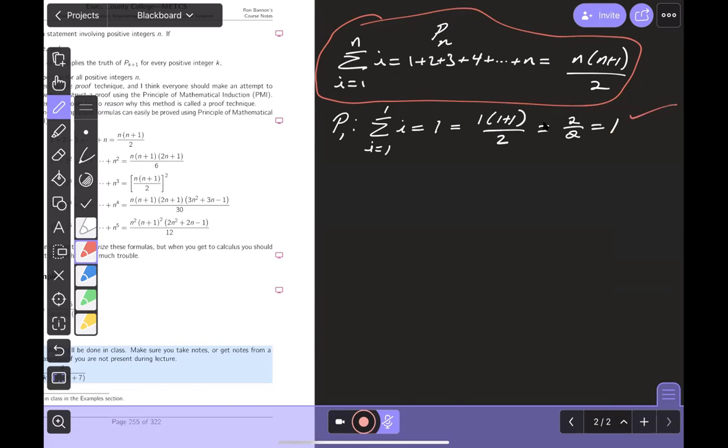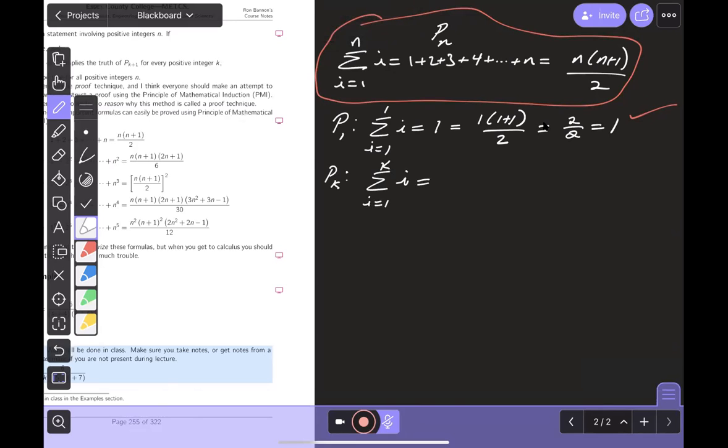Now, someone's going to say, well, then I'll see if P2 is correct, and I'll see if P3 is correct. No, what we want to do is write down PK. And what does PK look like? I can write down PK here: the sum, i equals 1 to k, of i.